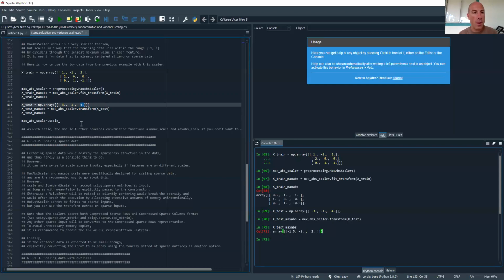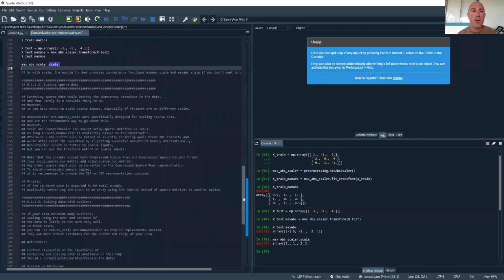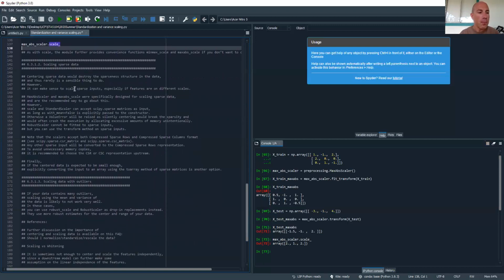All right, and so here is the scale. And the documentation, if you look at the website where I copied and pasted this from, starts talking about scaling sparse data.